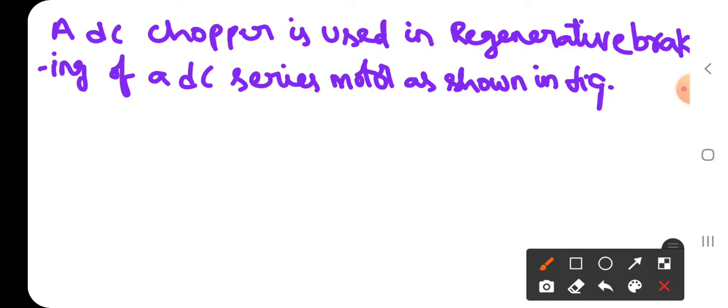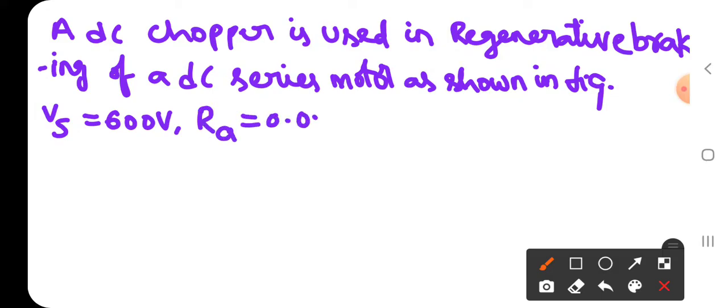The supply voltage is 600 volts. Armature resistance is 0.02 ohms, and field resistance is 0.03 ohms.